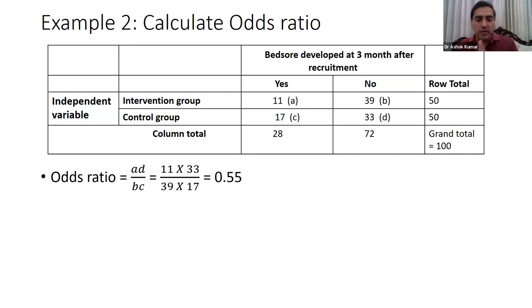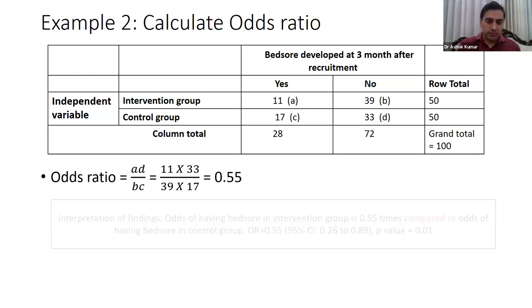It means less than 1 compared to the control group, or non-exposure group. It means in the intervention group, there is less risk of development of bed sore at 3 months.